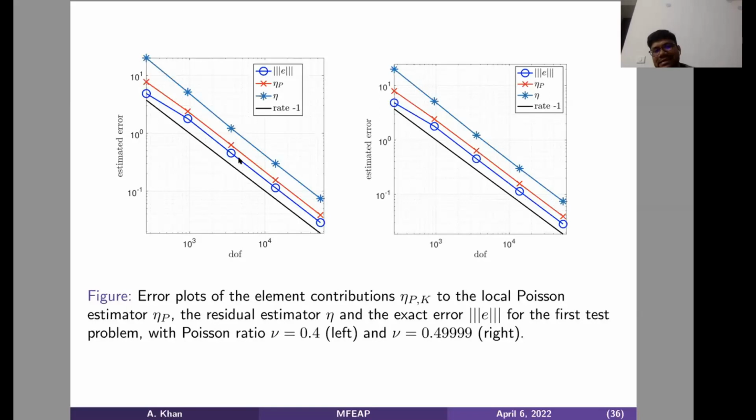So we can easily see that this estimator is parallel to our error plot, and it ensures that our estimator is reliable as well as efficient for both choices 0.49 and 0.4999. And as we already saw in the table also, for different choices of parameters, efficiency actually remains the same. So this ensures that our estimator is reliable, efficient, and also robust.